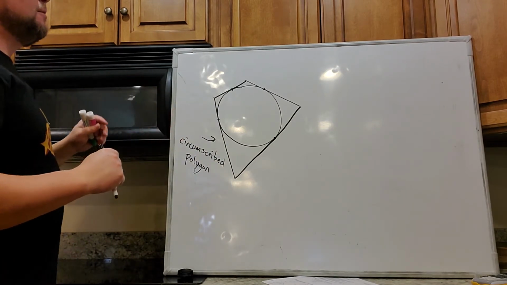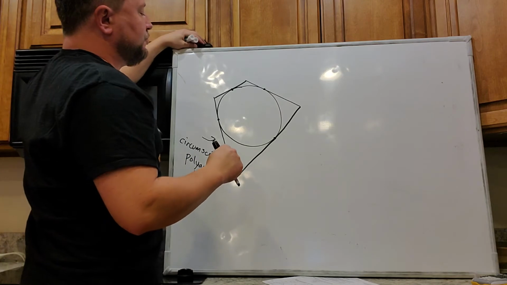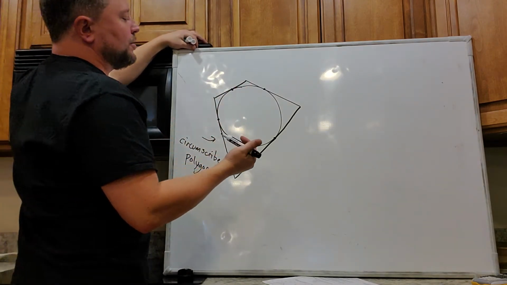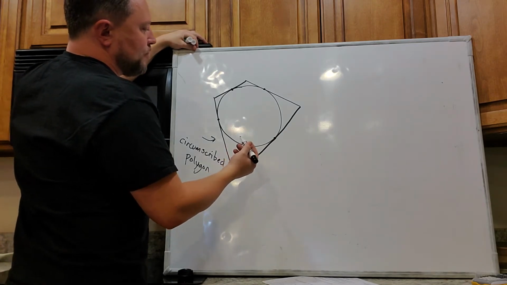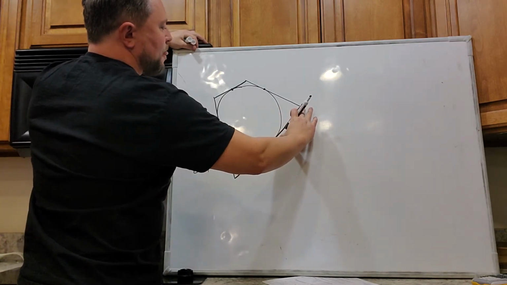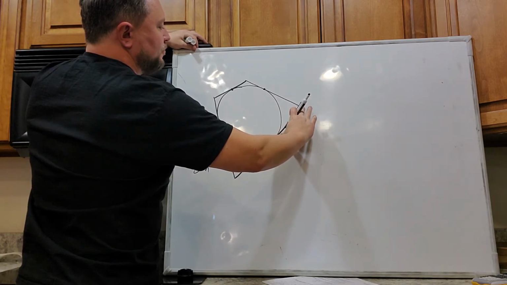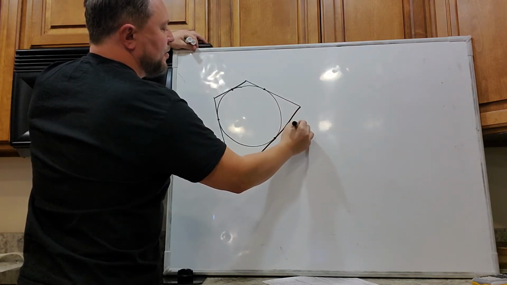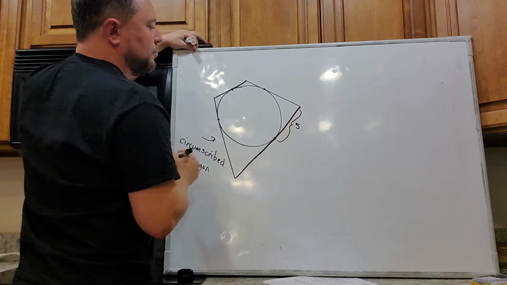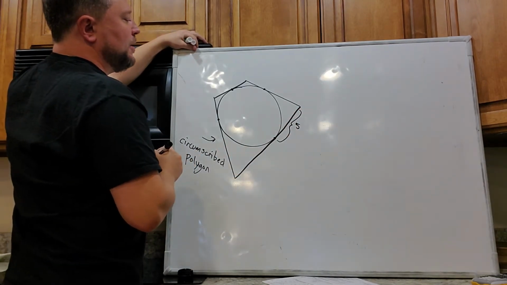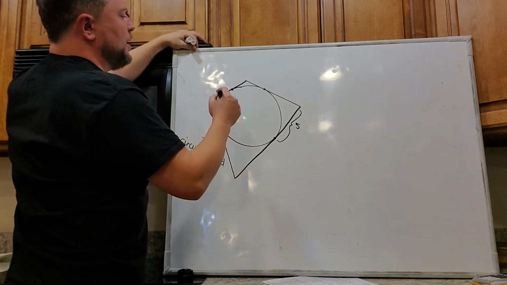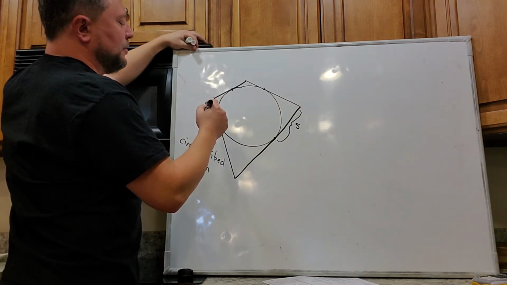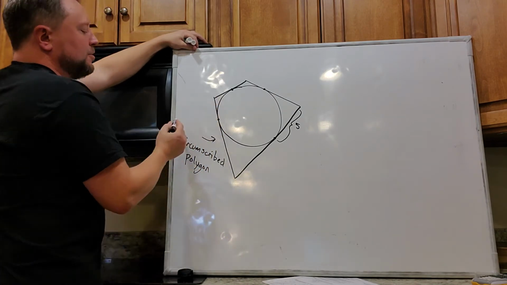Now, keep in mind that you might have a problem on your homework that's something like this. They might say that this length from here to here, let's say, is 5 units long. Okay, let's do this then.